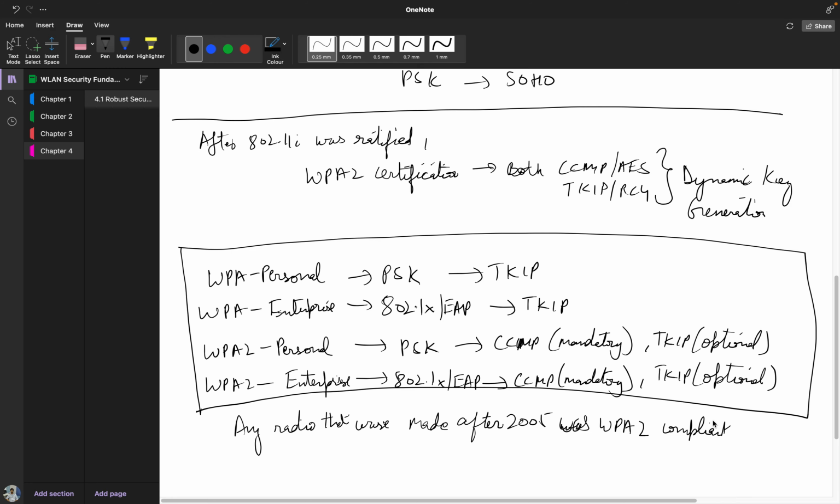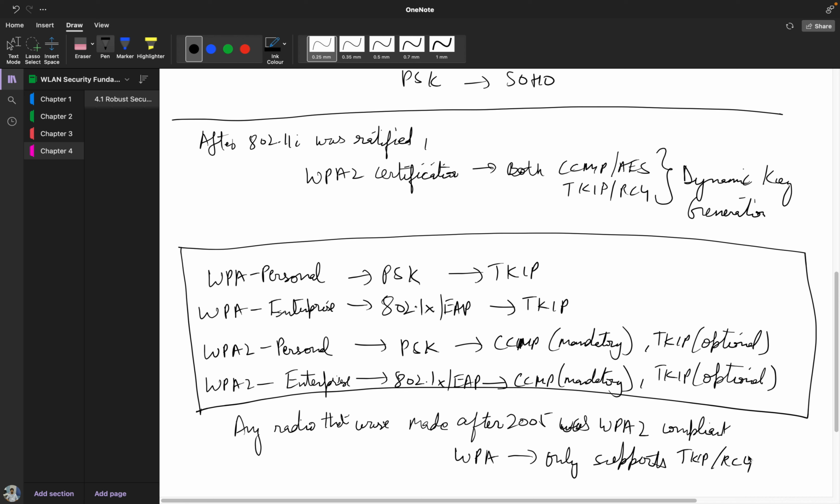If a radio is WPA compliant, it most likely only supports TKIP. Anything that is WPA compliant only supports TKIP with the RC4 algorithm.